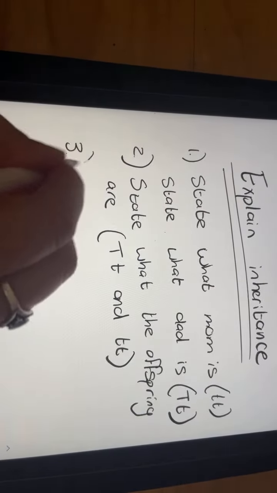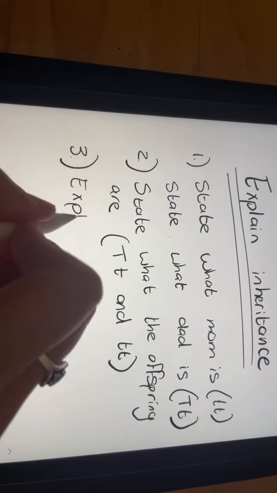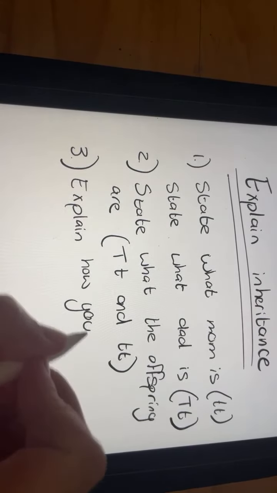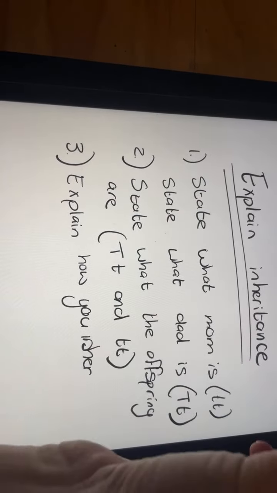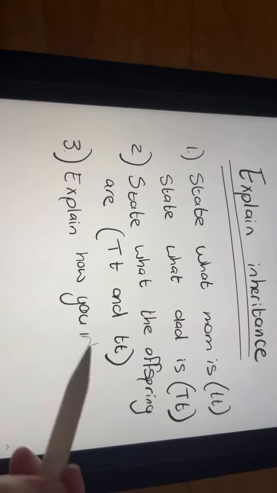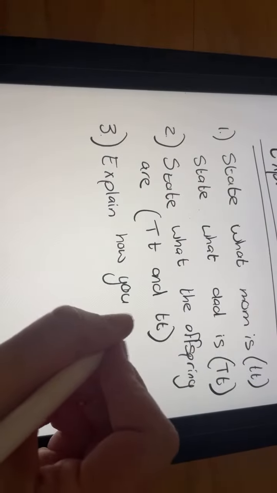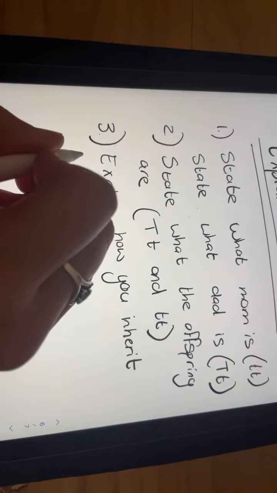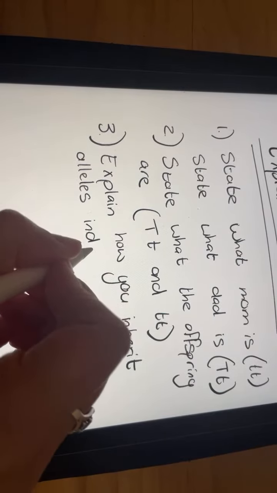And the third part of your answer is where you explain how you inherit alleles individually. Let me rewrite it for you, now you can't see my writing.